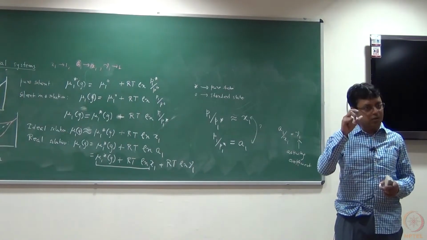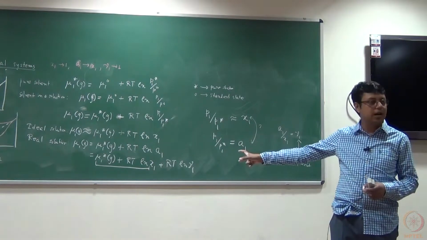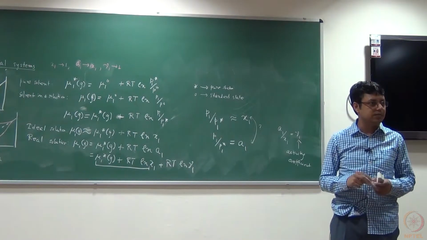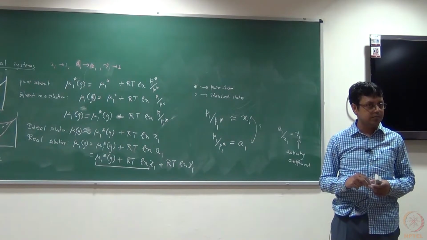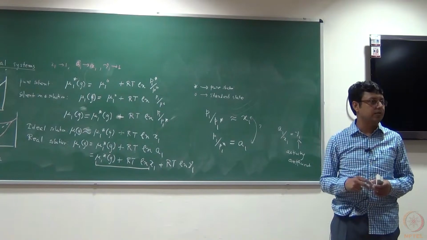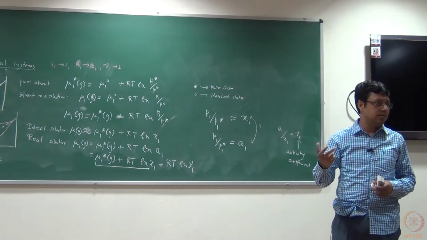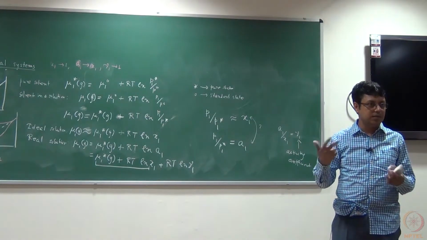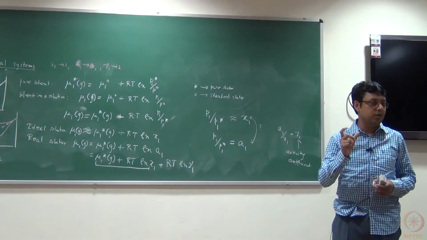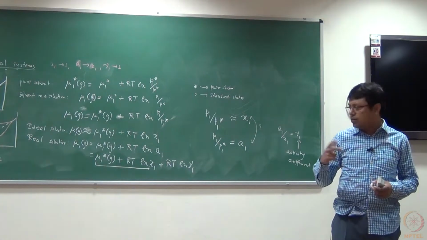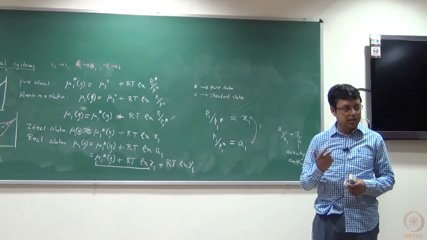But those calculations are not very correct for such a solution, because if you add salt there will be a huge change in the chemical potential. It is not just the mole fraction, because it doesn't behave ideally if the salt concentration is significant. If it is very low, it will behave ideally, but if it is significant, you cannot get it quantitatively right. So then you have to consider the activity. That is one thing.